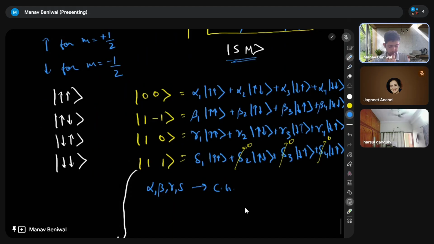Here one is plus half, one is minus half, so your total m for this case will be 0. Similarly, for this case also it will be 0. For this case it will be minus 1, and in this case it will be plus 1. Because my total m is 1, I cannot have any terms that will give me m equals 0 or minus 1.